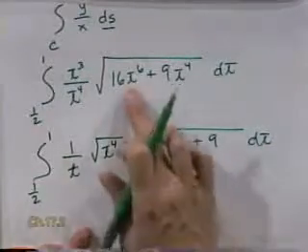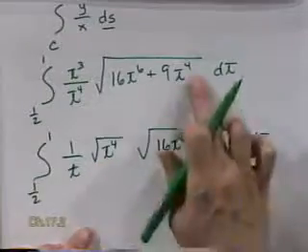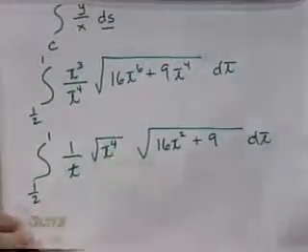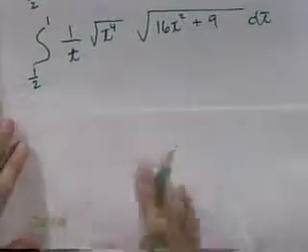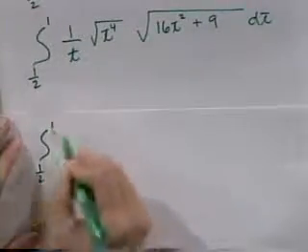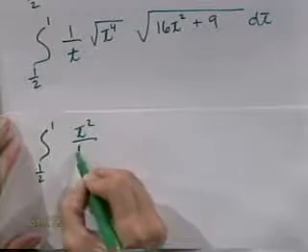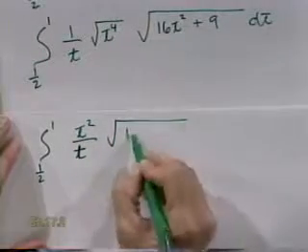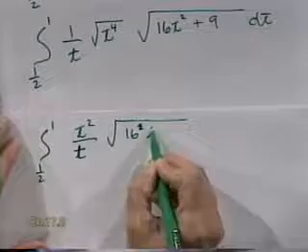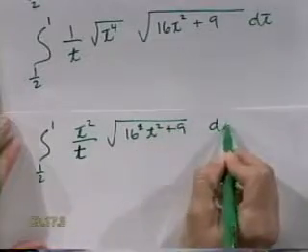This times this is 16t to the 6th, this times this is 9t to the 4th, and the square root of t to the 4th is t squared.